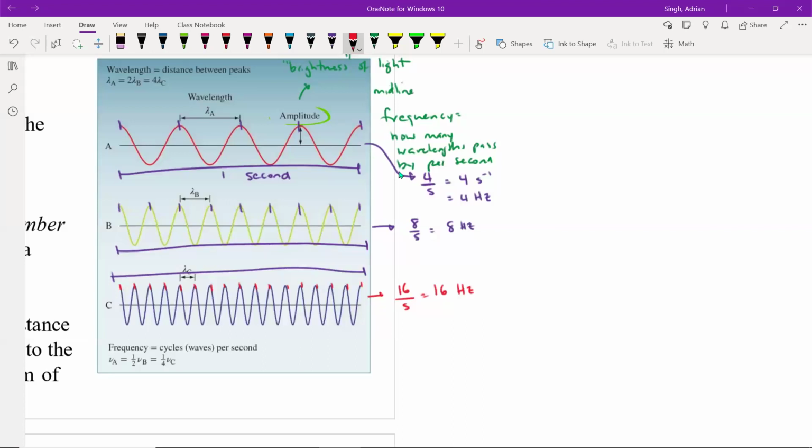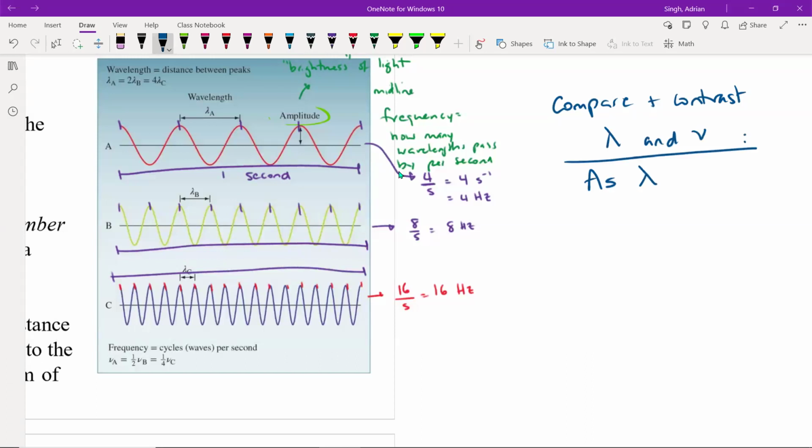Well, in the case of wave A, it has a much longer wavelength than both wave B and wave C. However, the frequency of wave A is less than that of wave B and wave C. So if we compare and contrast wavelength and frequency, as we go from A to B to C, what's happening to the wavelength?